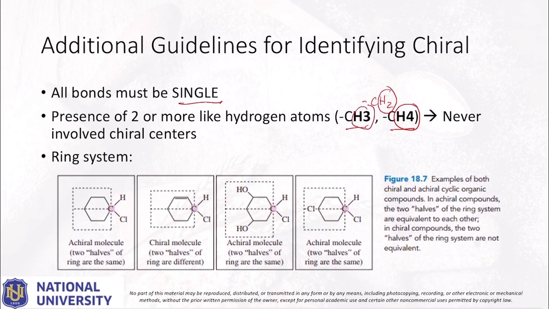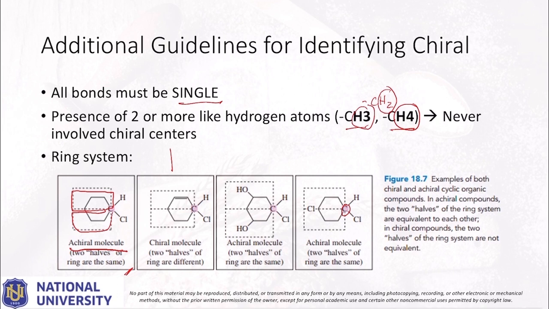You divide the ring, like this, or divided this way, depending on where the carbon you are examining is. So, for example, in this one, an achiral molecule. Why? Because it is the same: if you rotate it here, and then rotate it here, it is the same structure. So, it does not have 4 different groups.